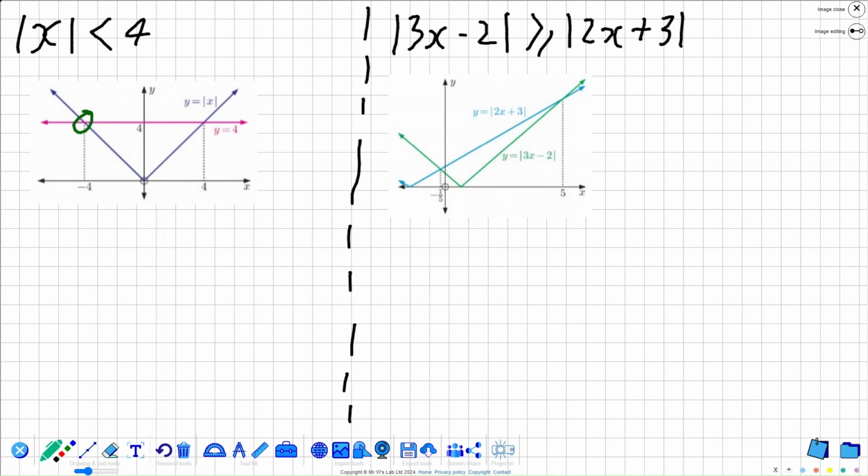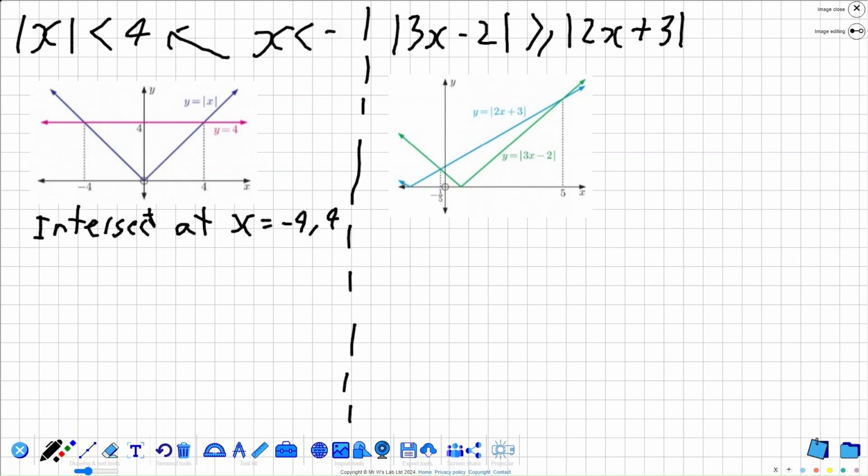We've got two main points here, and they both meet at -4 and +4. So what we can infer from this graph is that they intersect at x = -4 and 4. If we were to evaluate this function, it would become x < ±4, which aligns with those intersection points.